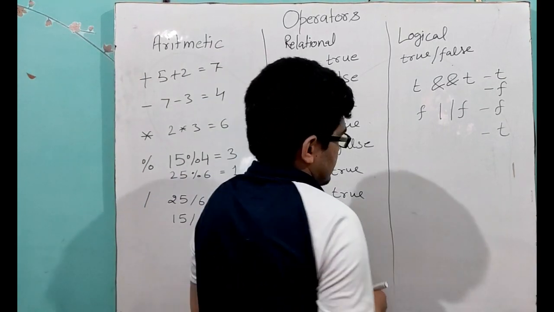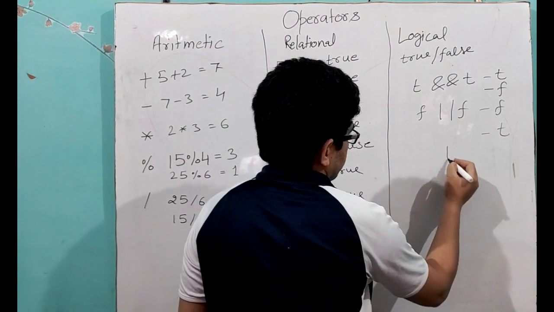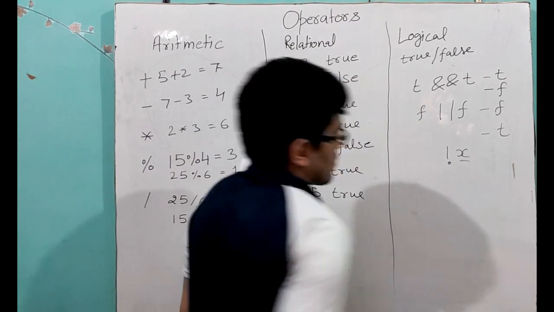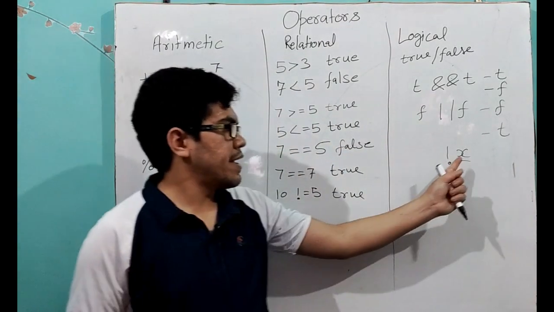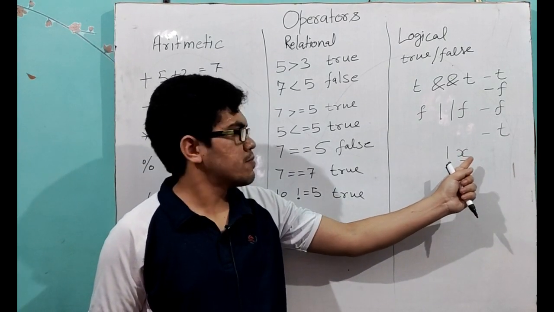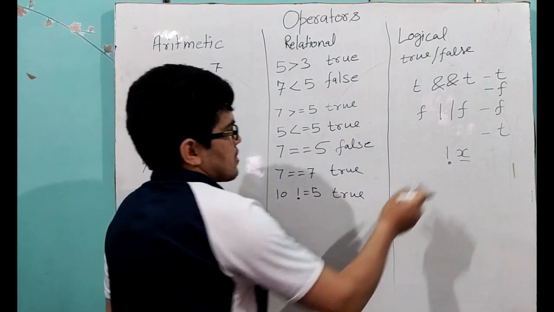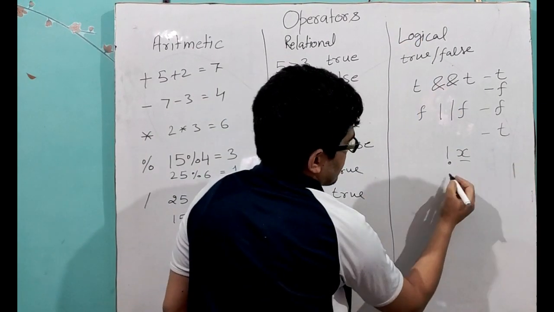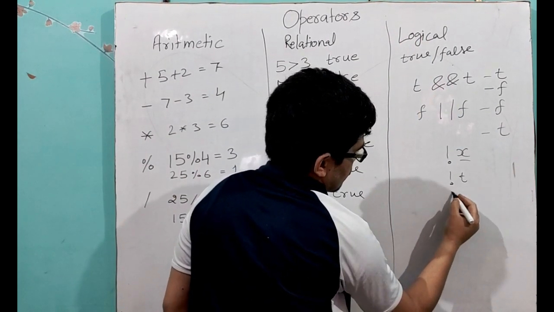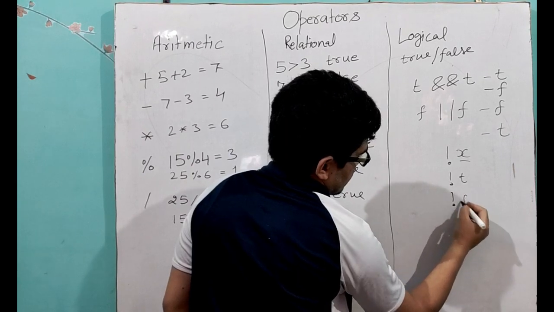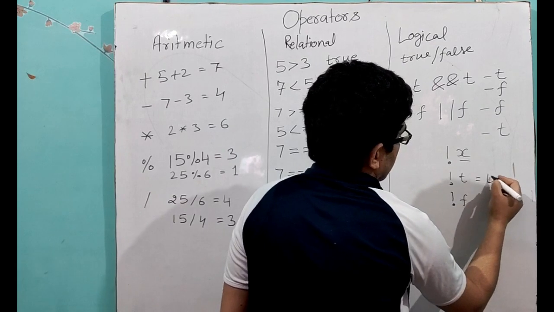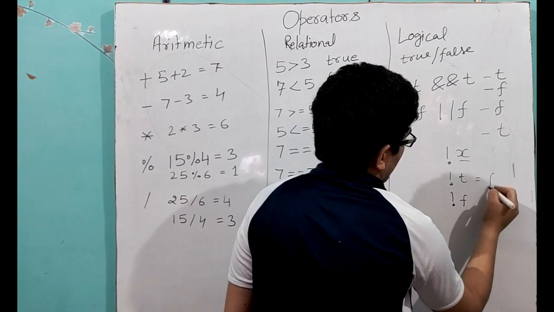Next operator is the NOT operator. NOT X, where X is your operand. This is also a logical operator, so the X value can be true or false. If X is true, then it will make it false.